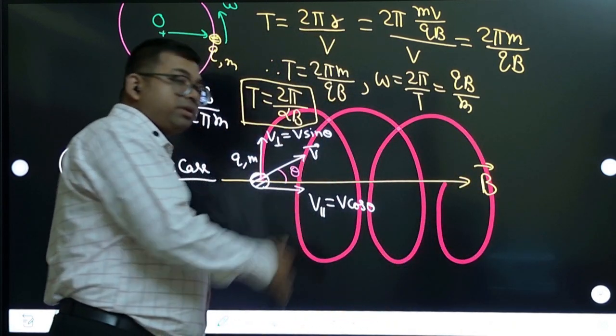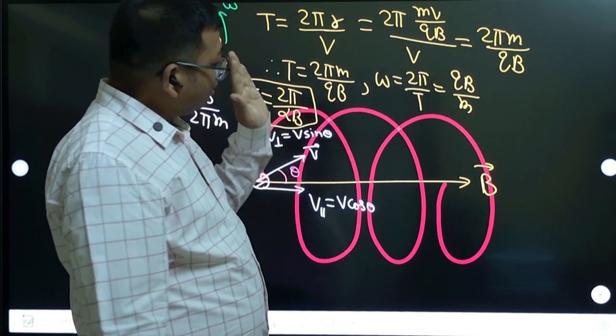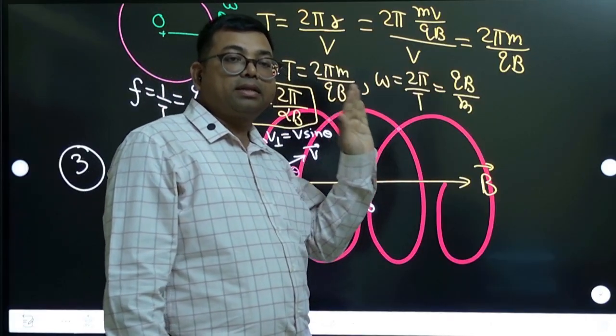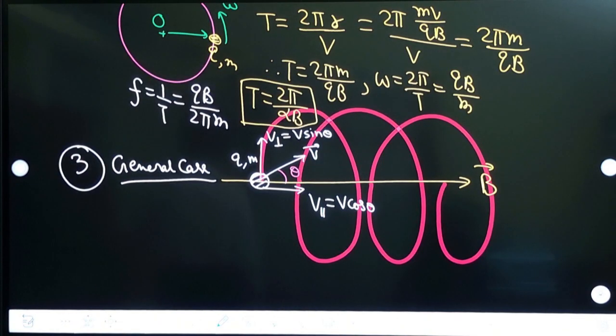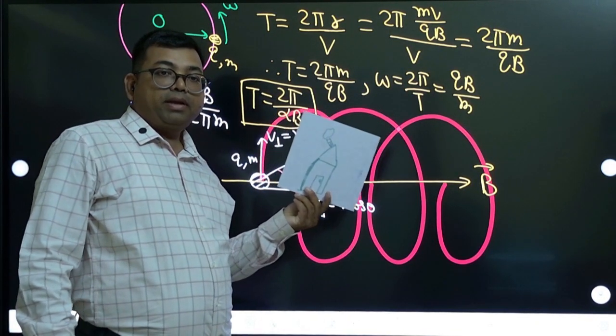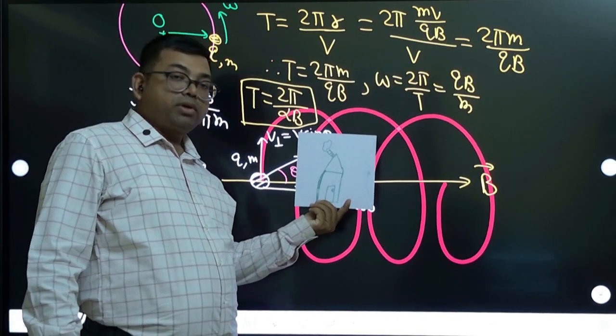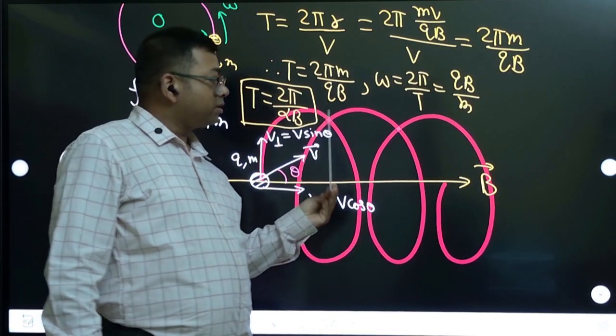The plane of this circle, very important to understand, is perpendicular to this plane. Okay, so perpendicular means how it will look like. Just let me show. It is like this way. This plane is the plane in which we have thrown it, right? But this plane we are talking about, the circle is in this plane.